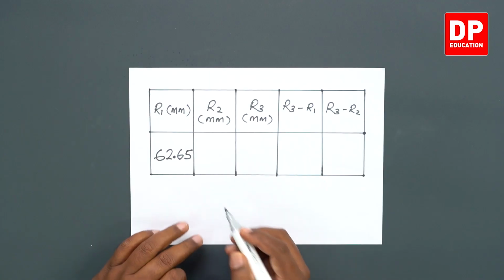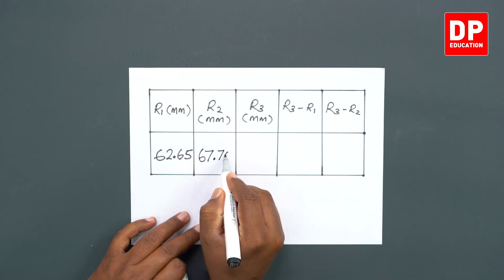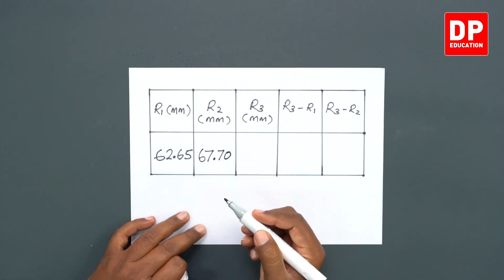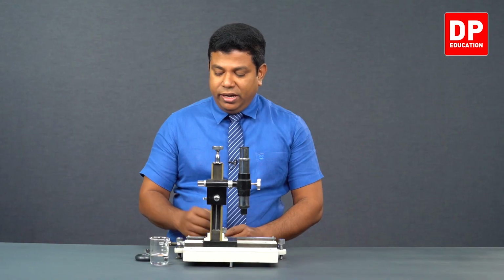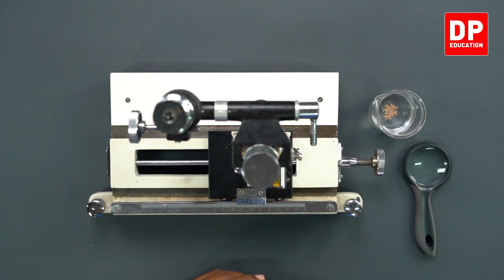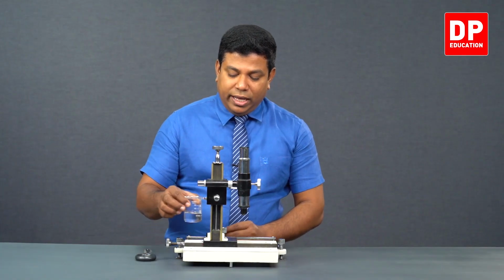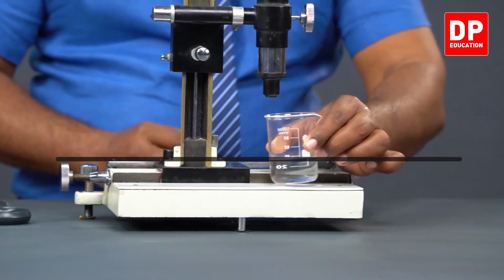Let's write it down on our table. The second reading we have got is 67.70 millimeter. You can see here I have put some lycopodium powder on top of the water. So I'll keep this water with lycopodium powder under the lens.